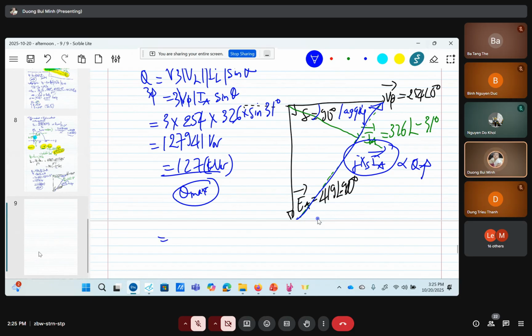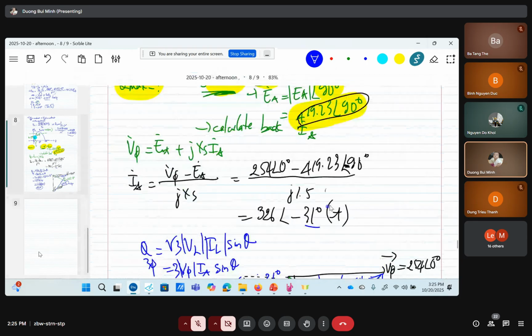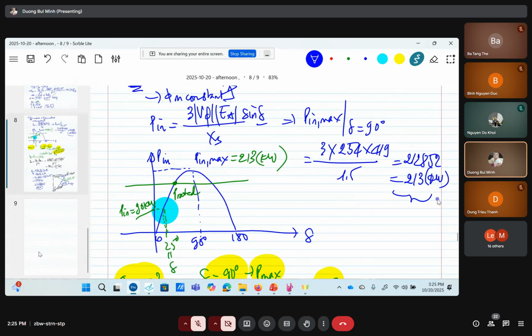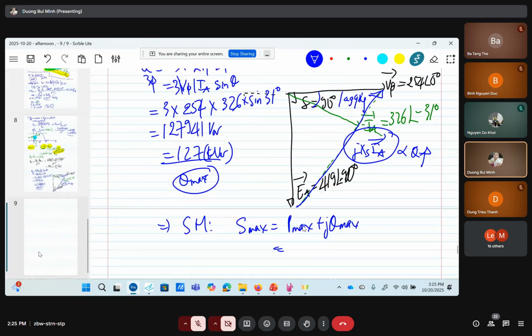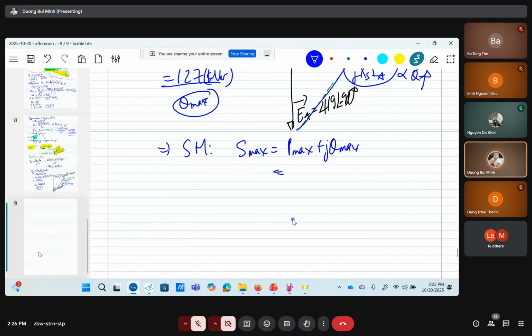So that means these synchronous motors can consume Bmax and Qmax. Bmax you get 213, and Qmax you get 127j.